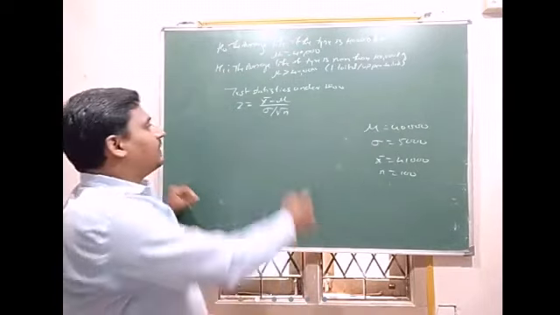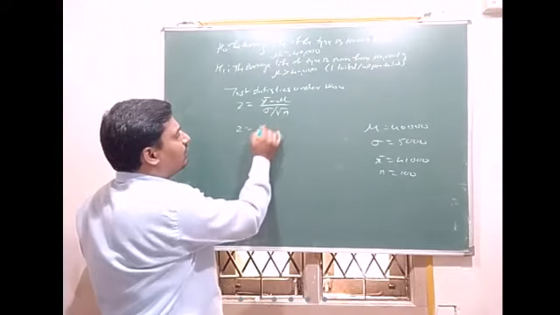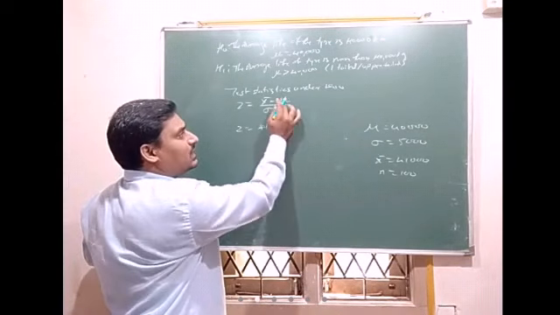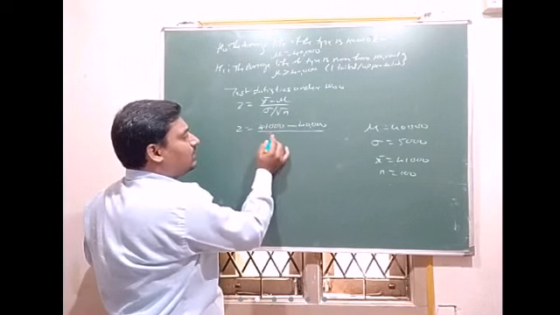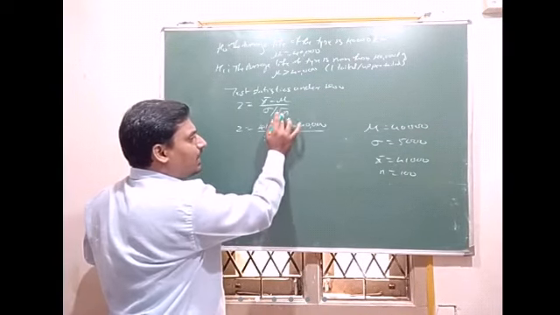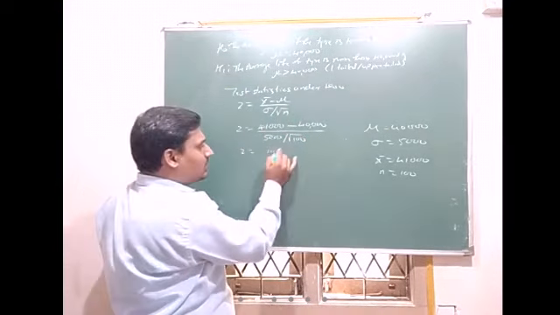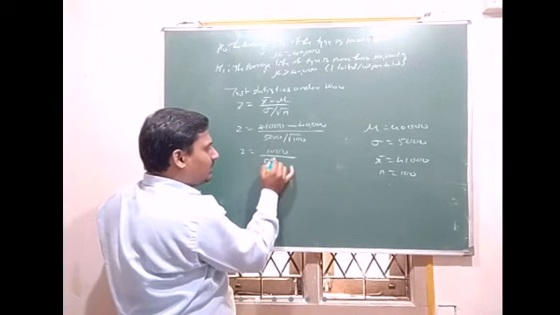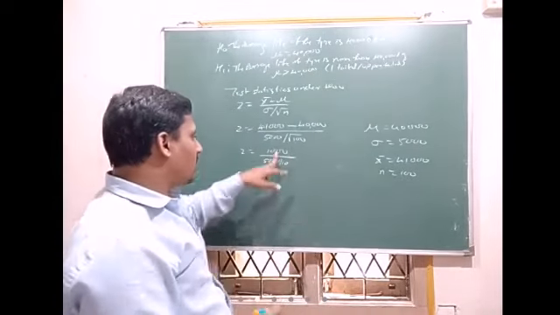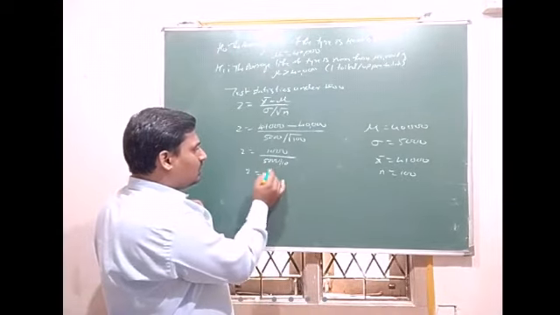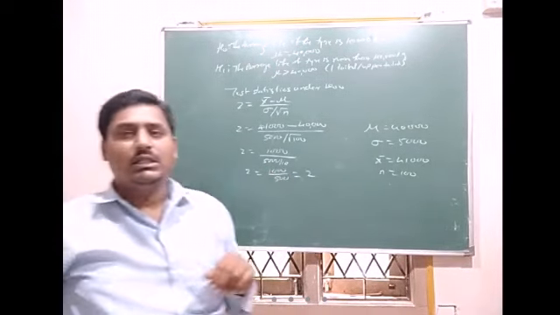So Z is equal to x bar 41,000 minus mu 40,000 divided by sigma 5,000 divided by root 100. So Z is equal to 1,000 divided by 5,000 divided by 10. Root of 100 is 10, so 1,000 divided by 500 is equal to 2. So the answer is 2.